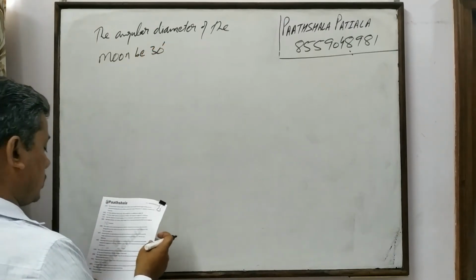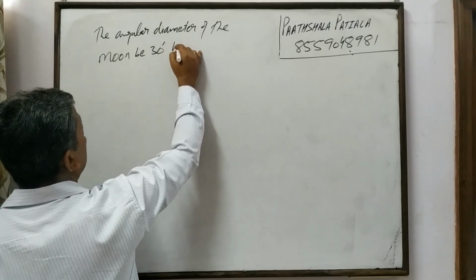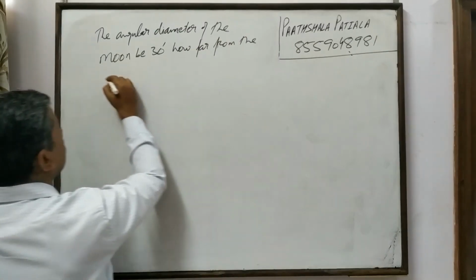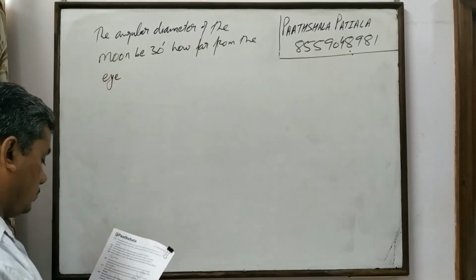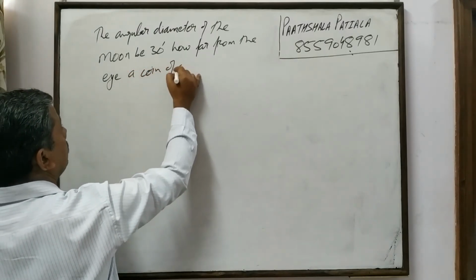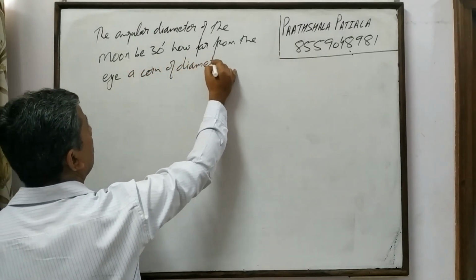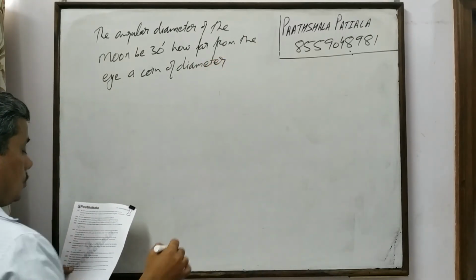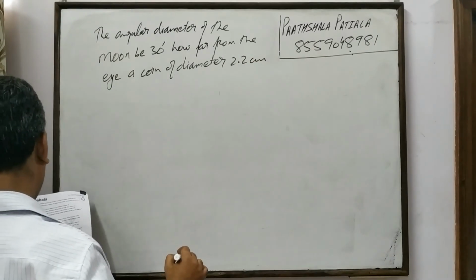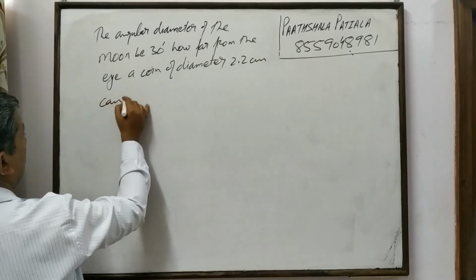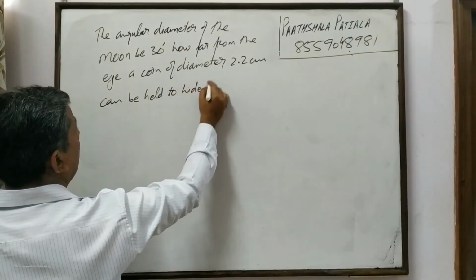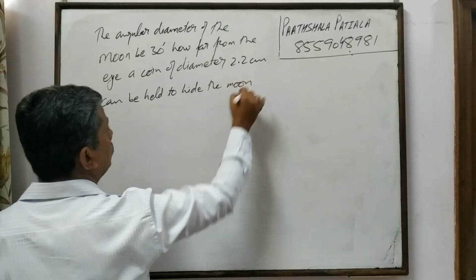How far from the eye can a coin of diameter 2.2 centimeter be held to hide the moon?